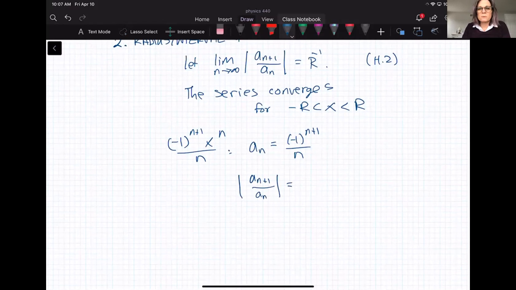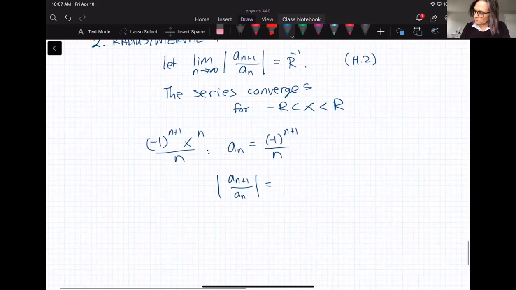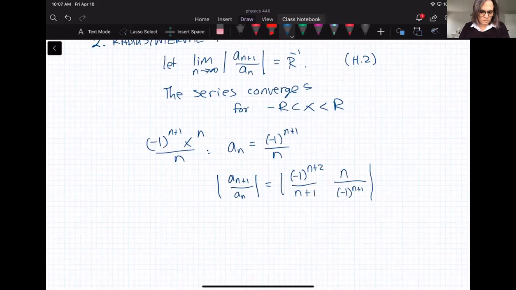Again, we're looking at the absolute value because we're trying to find that radius, the region around which this series converges. So this is equal to the absolute value of minus 1 to the n plus 2 over n plus 1 times n over minus 1 to the n plus 1. And so that's equal to the absolute value of n over n plus 1.